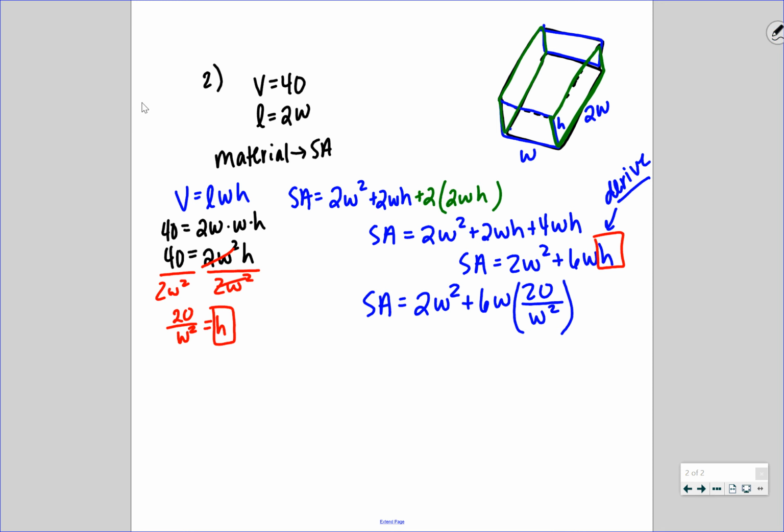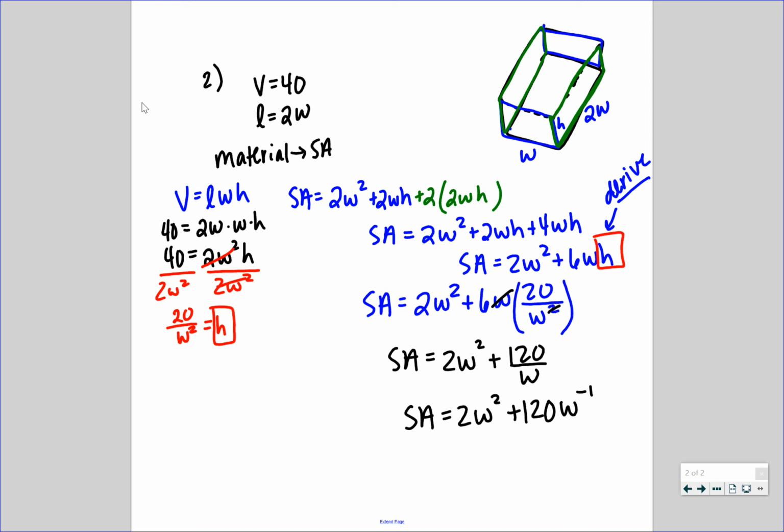So I have surface area equals 2W squared plus 120, and W over W squared will land me with 1W. Rewriting it one more time so that I don't have any fractions, this would be 120W to the negative first.